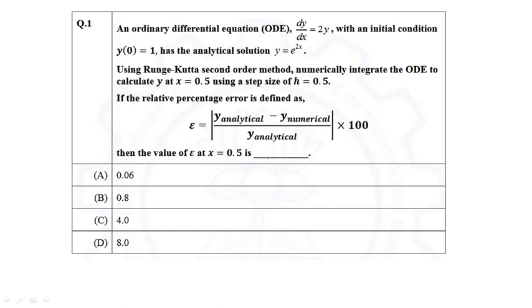Okay. So we will solve this using the Runge-Kutta second order method.